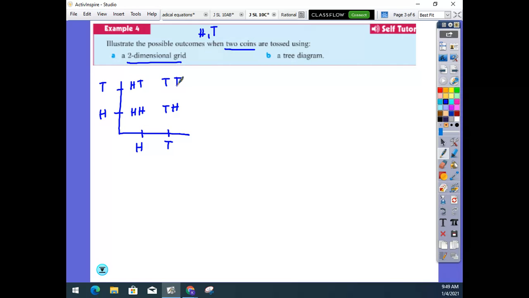All of these are just showing you how to list the sample space and to see all the different possibilities. Now a tree diagram. Here's the coin. You either flip a head or a tail. This is the first coin, then the second coin. Where the first is head, the second can be head or tail. So we follow the tree: head, head; head, tail.